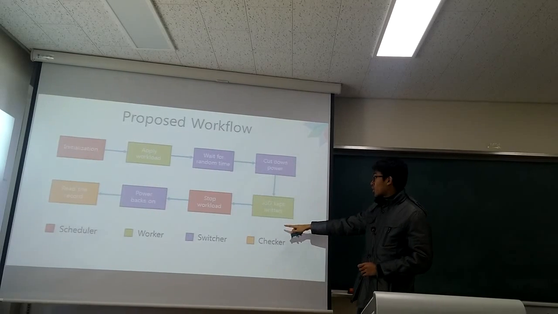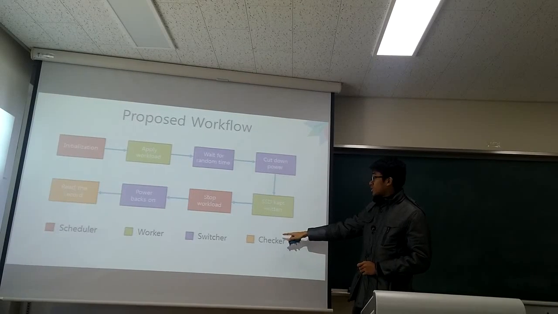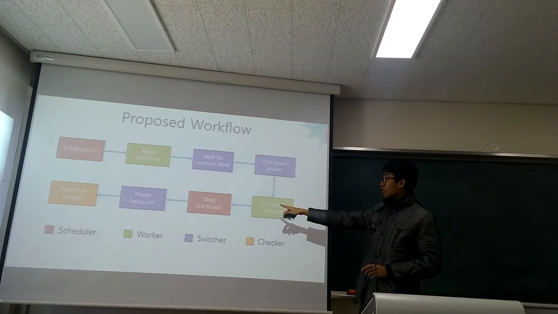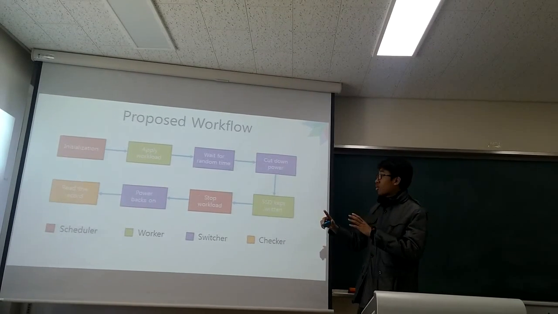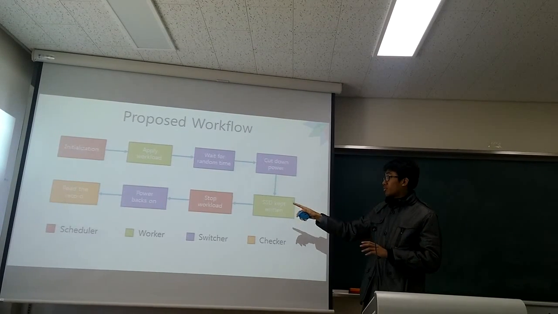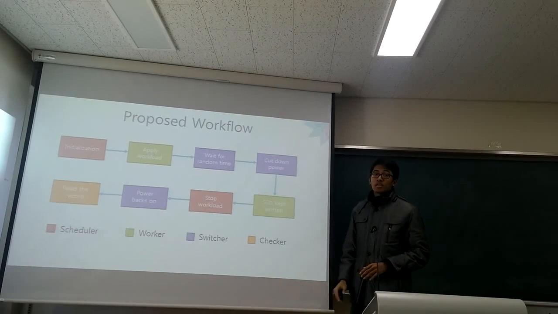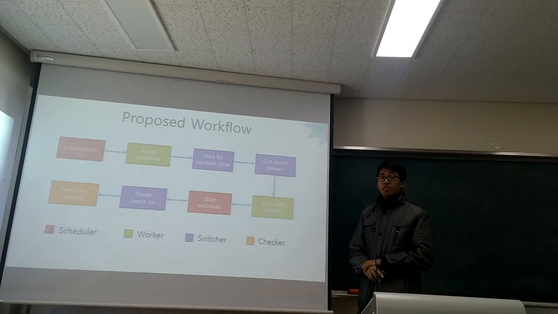Then the scheduler stops the workload so the worker is not writing data anymore, and the switcher brings the power back on, and then the checker reads the result to know whether an error appears or not.